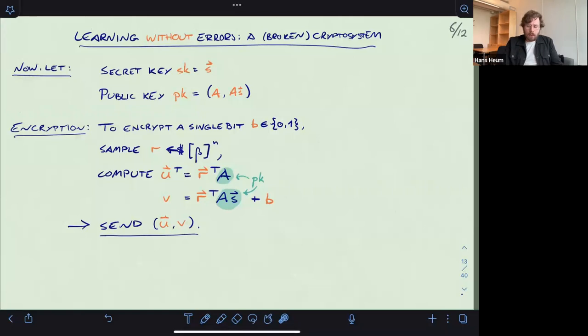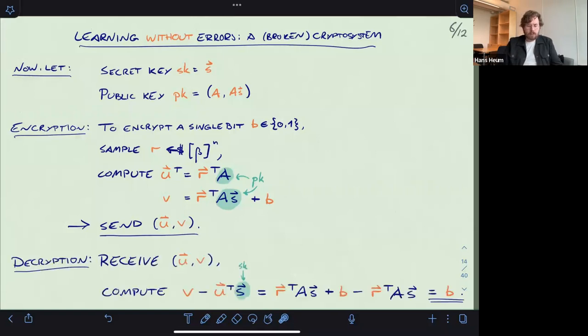And then you send these values. Okay, so for now, this might seem somewhat arbitrary, but we will see that the receiver who gets these values, U and V, can compute the value V minus U vector times S vector, or inner product. And this S vector is now the secret key. So this is why anyone cannot do this.